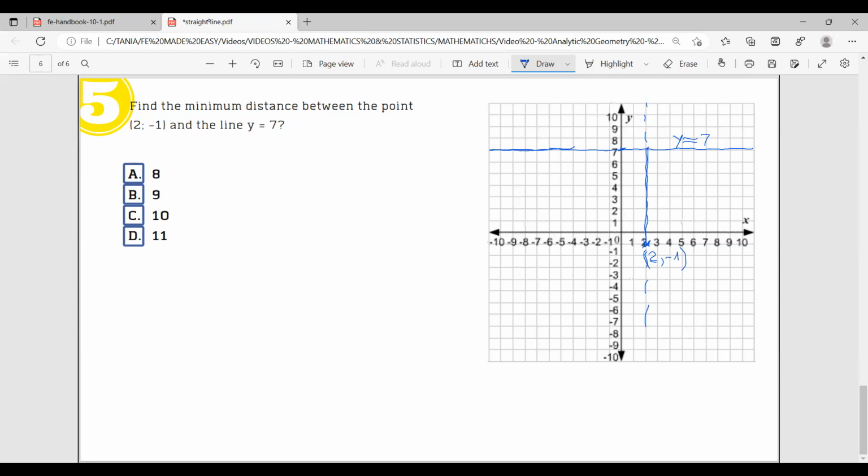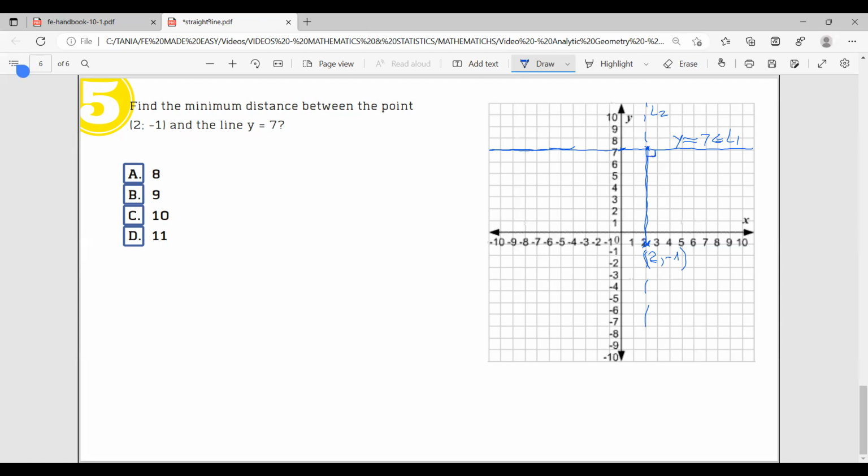It's going to intersect our line y equals 7. Maybe I should say this is L1, and this is L2. It has to intersect L1 at this point, which will form a 90-degree angle here.